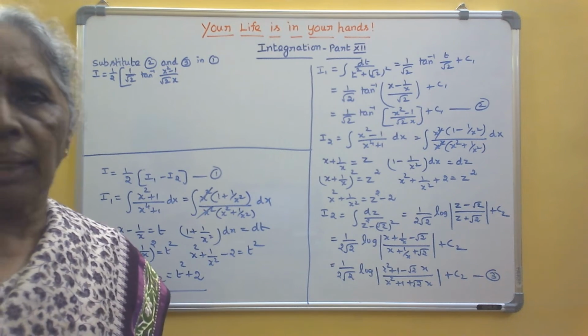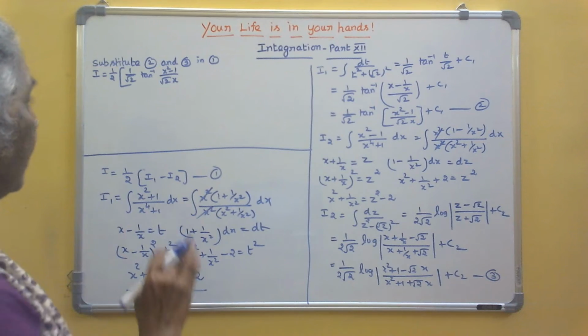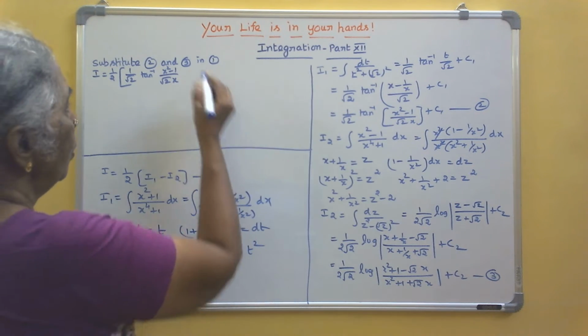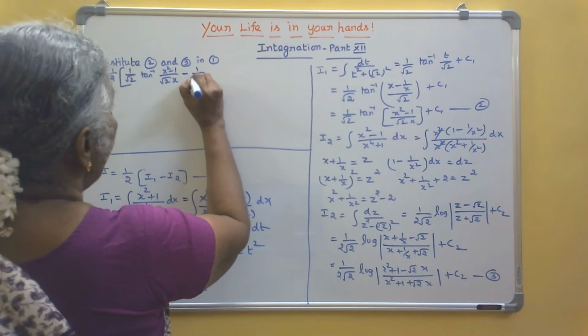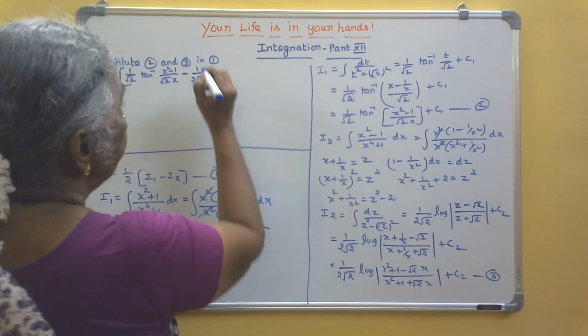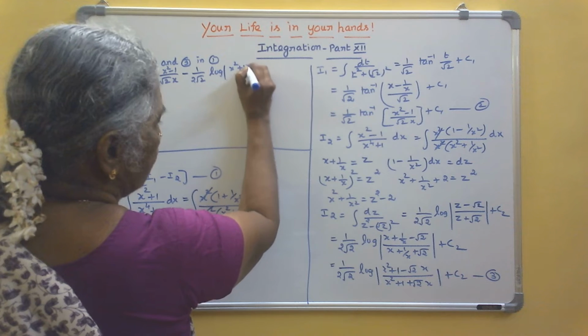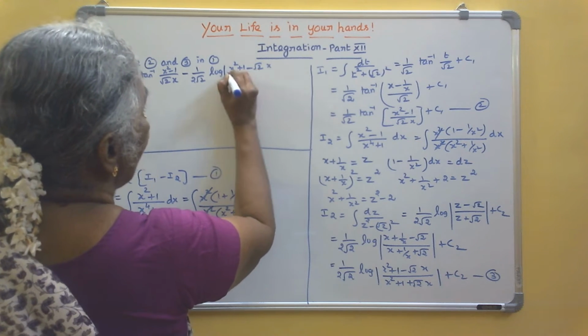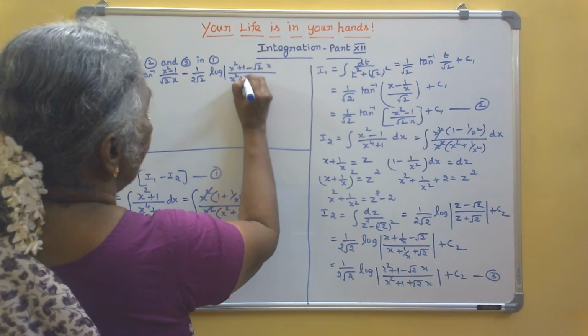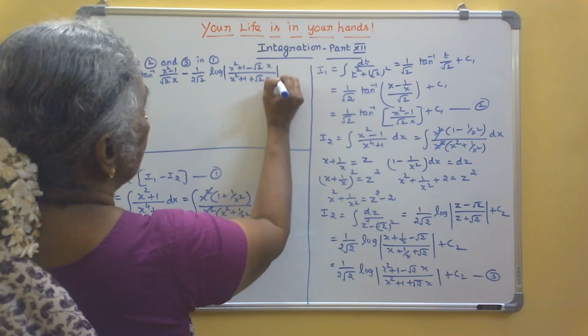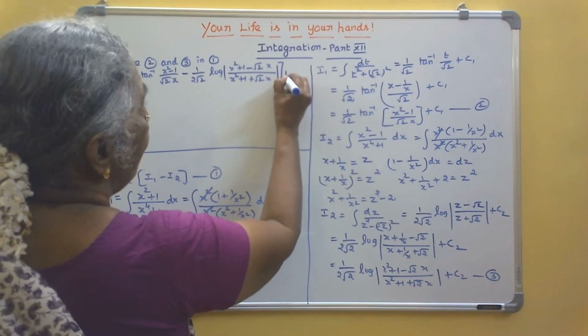Leave the c1, last we will put one c. Then minus I2. So minus 1 by 2 root 2 log mod (x squared plus 1 minus root 2 x) by (x squared plus 1 plus root 2 x). Close the bracket plus c.